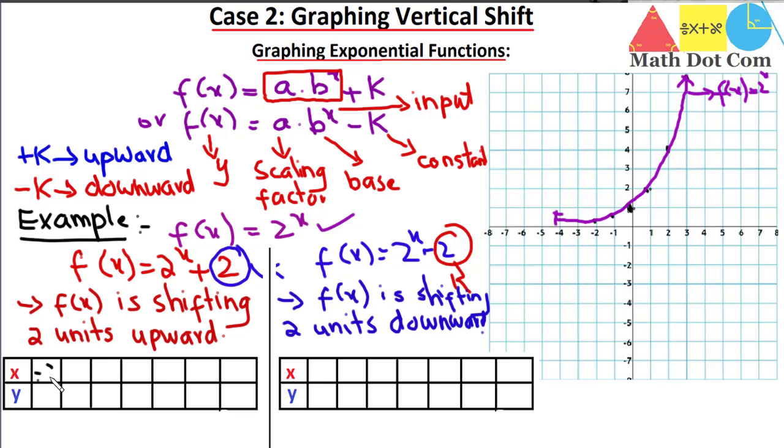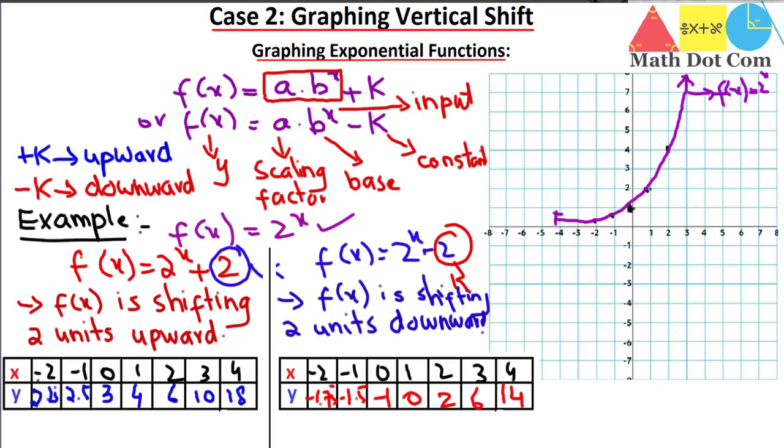It will be -2, -1, 0, 1, 2, 3, 4 and so on, and the corresponding points for 2 raised to power x plus 2 will be 2.25, 2.5, on 0 it will be 3, on 1 it will be 4, on 2 it will be 6, on 3 it will be 10, and on 4 it will be 18, and so on. Similarly in the case of f of x equals 2 raised to power x minus 2, we will get the random points.